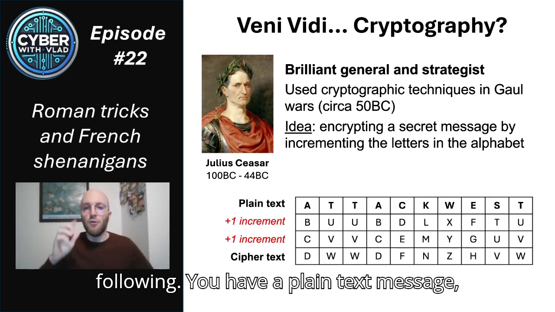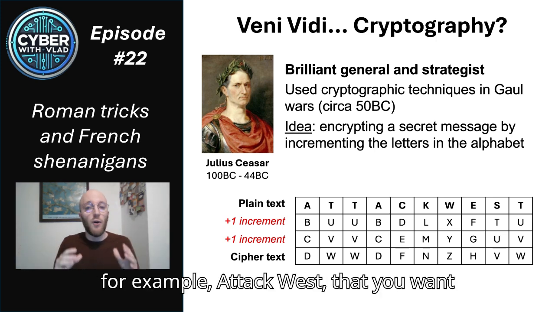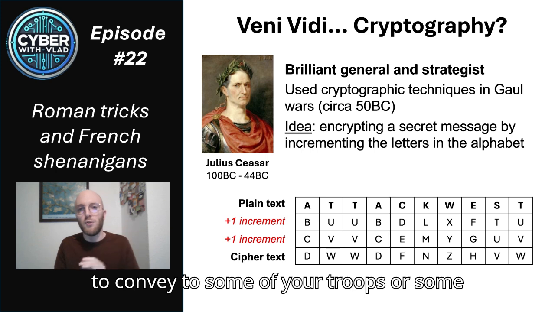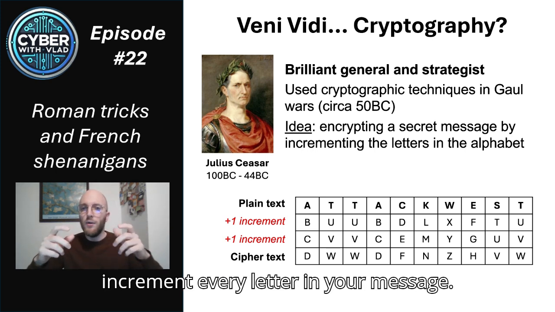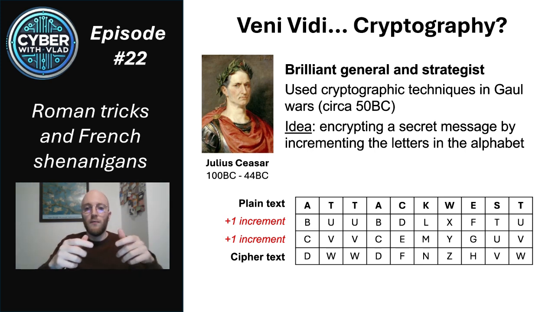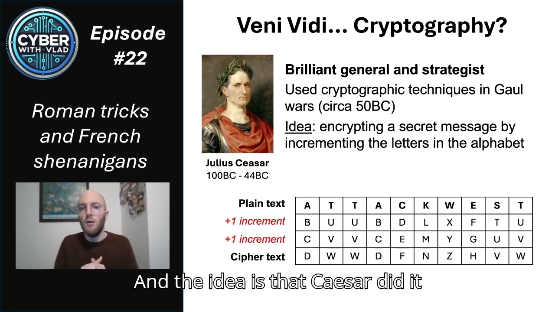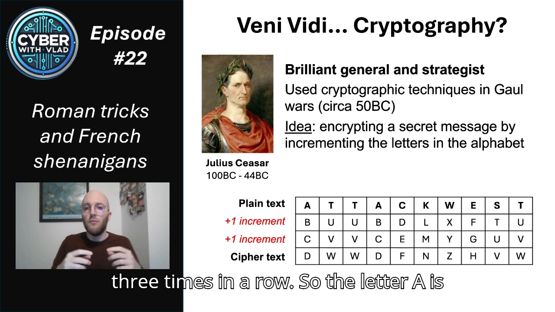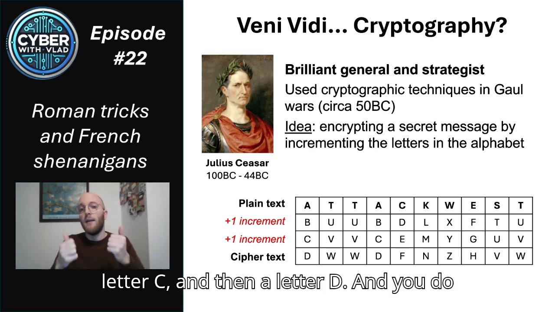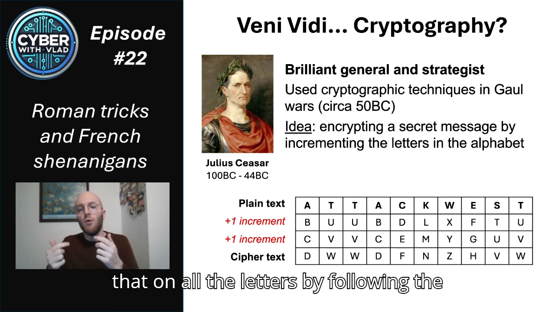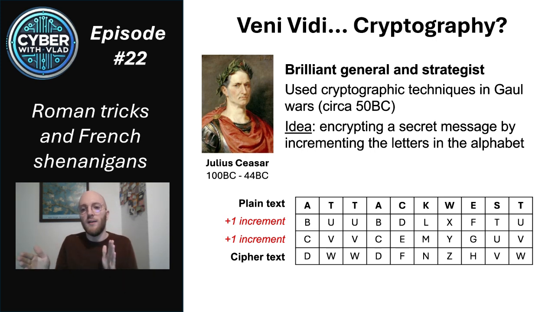So the idea is the following. You have a plain text message, for example, attack west, that you want to convey to some of your troops or generals. You are going to increment every letter in your message, and Caesar did it 3 times in a row. So the letter A becomes B, then C, and then D. You do that on all the letters by following the alphabet.